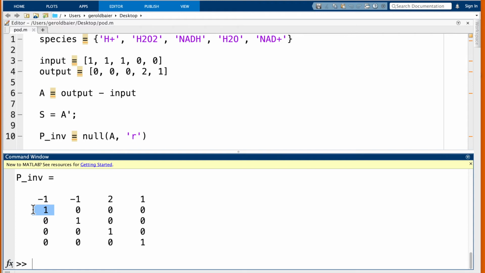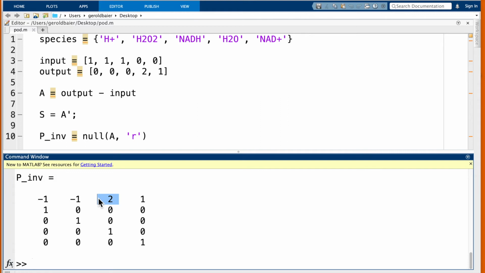So if you take one negative and one positive and add them, their sum will not change at all. If we look at the third column, we can also see that if you want to have this conserved moiety, it would be hydrogen plus water.